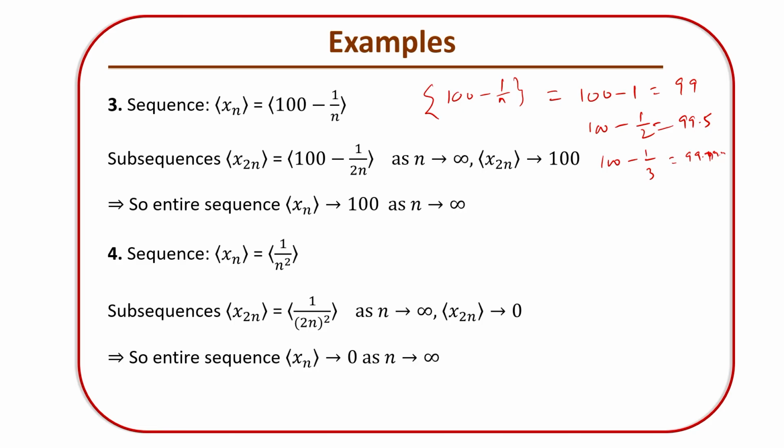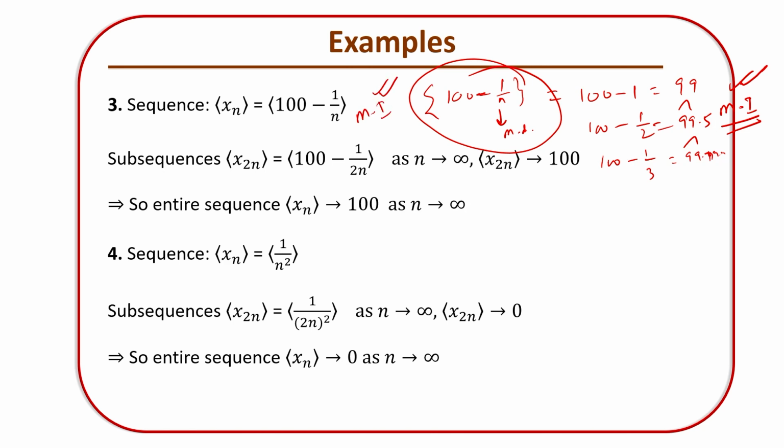So that means it is a monotonically increasing sequence. It increases, right. Why? Because 1 by n is monotonically decreasing and the minus sign is written here, so the whole sequence becomes monotonically increasing.